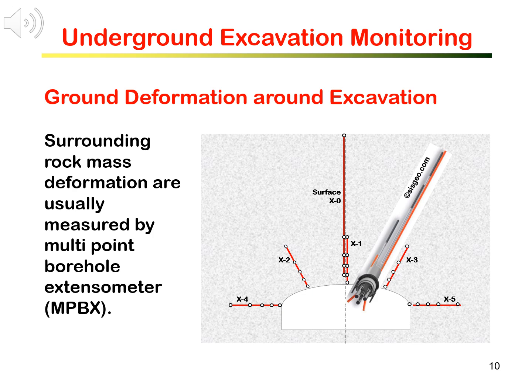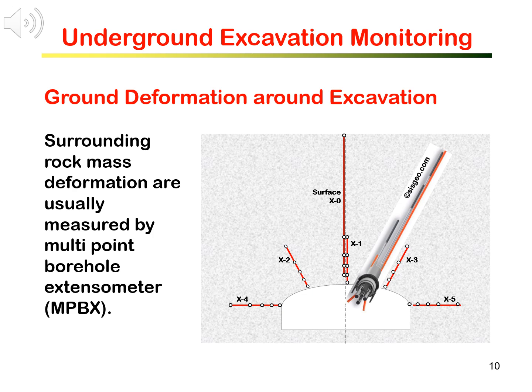In installing an MPBX, boreholes are drilled on the wall or on the roof into the surrounding rock mass. The MPBX is inserted into the borehole and grouted. The displacements of the rock mass between the head and each extensometer measuring point are measured.